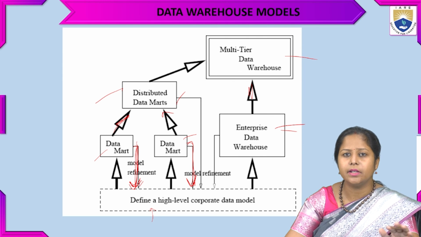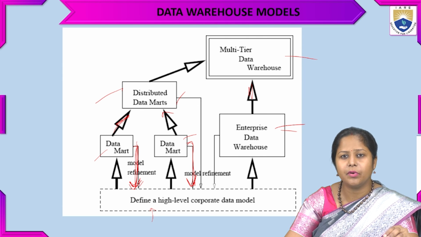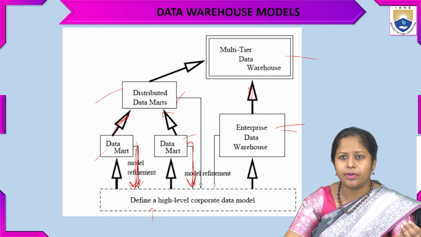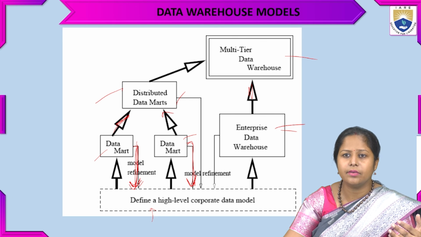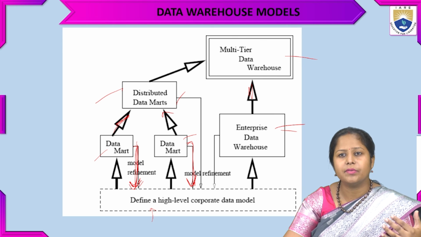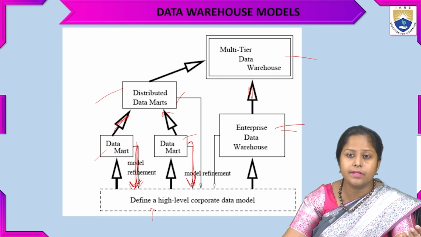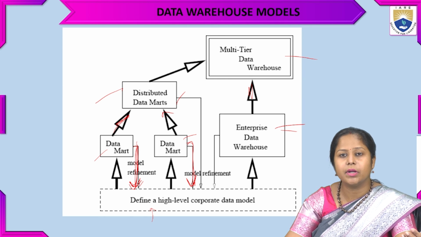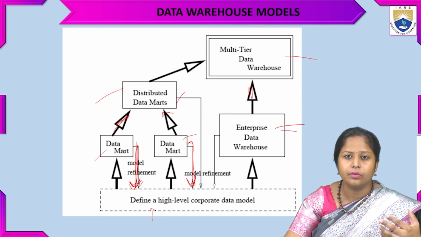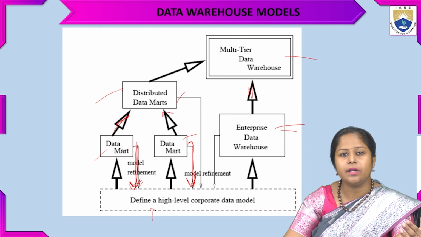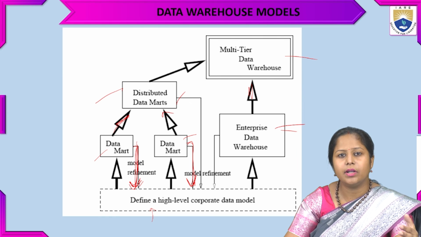So that is basically the block diagram of different types of data marts and data warehouses, so the data warehouse can be stored in the form of data marts, multi-tier data warehouse, or enterprise data warehouse. That is based on the data we are going to store in the data warehouse system, right? So that was all about the data warehouse architecture.